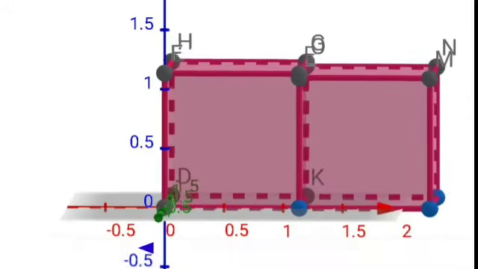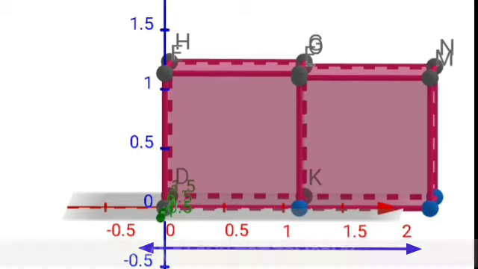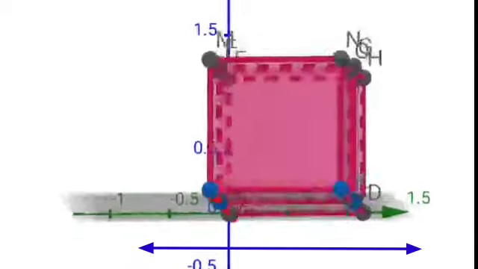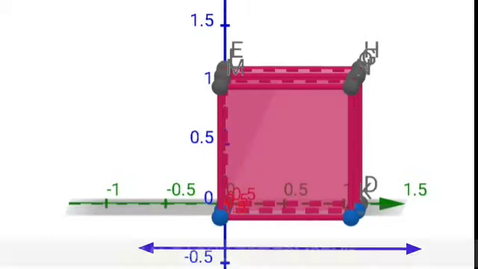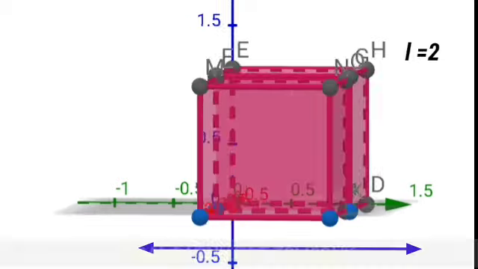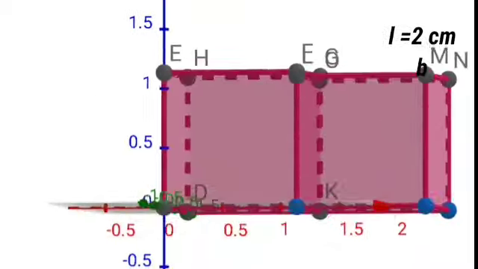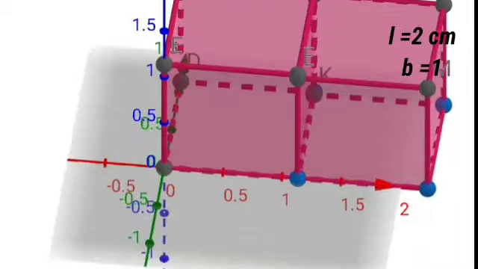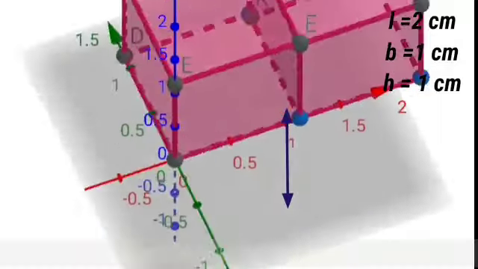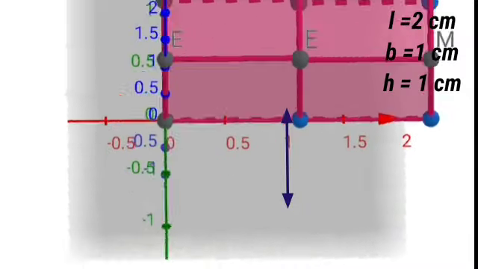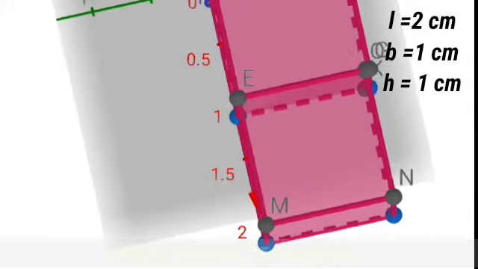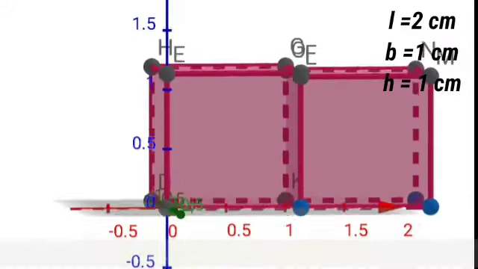Its dimensions: length is 2 units, breadth is 1 unit and the height is also 1 unit. Hence, the three dimensions are 2 centimeters, 1 centimeter and 1 centimeter, length, breadth, height respectively.